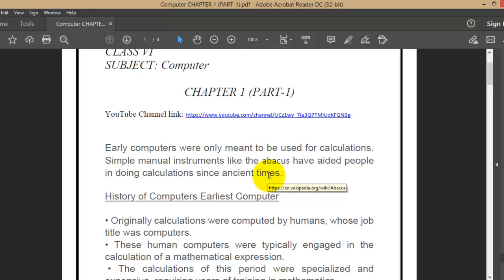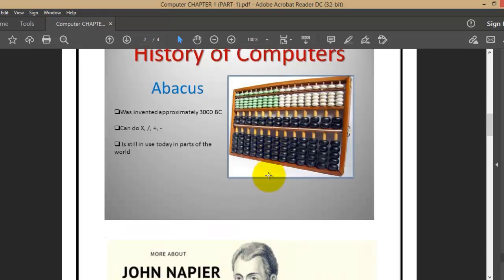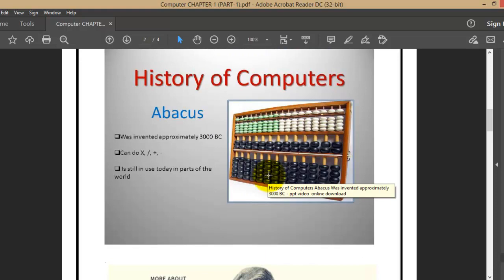I'll show you the pictures later. There are many pictures of abacus. This is one type of abacus, invented approximately 3000 BC. This device in ancient days people have been using for calculation.